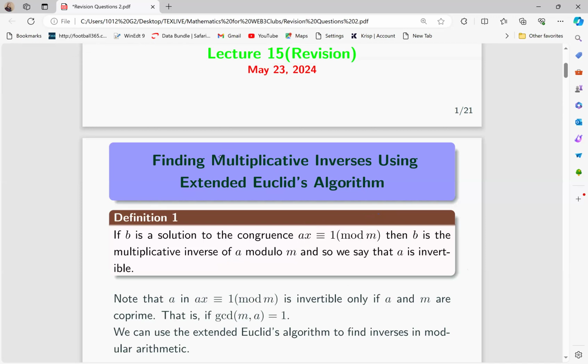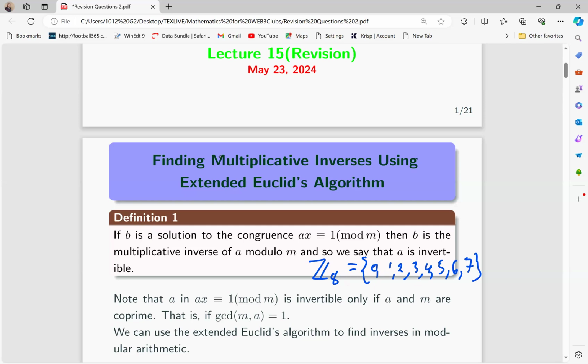For instance, when you're talking about Z8, mod 8, this is the set comprising the elements 0, 1, 2, 3, 4, 5, 6, 7. So under addition, each of these elements has an inverse, because the inverse of 1 is 7. Is that okay?